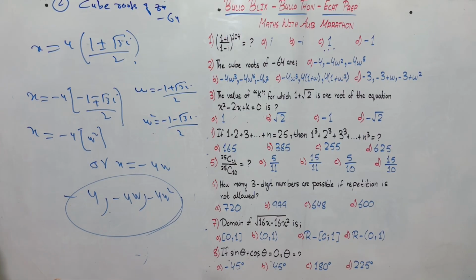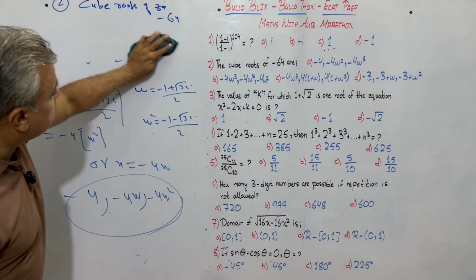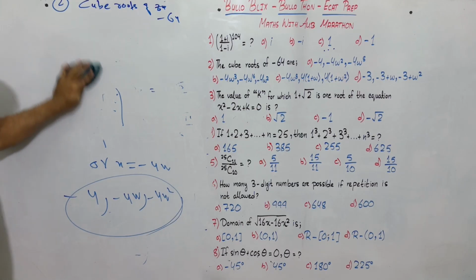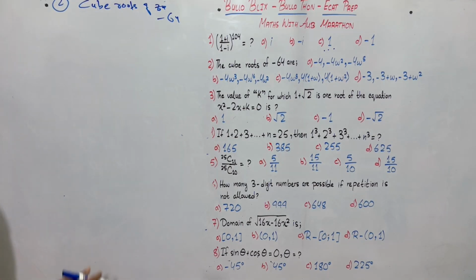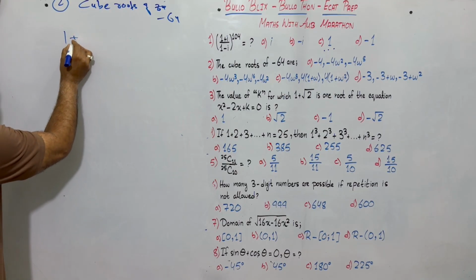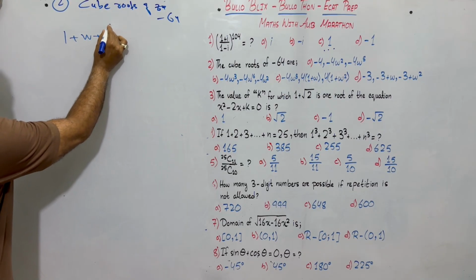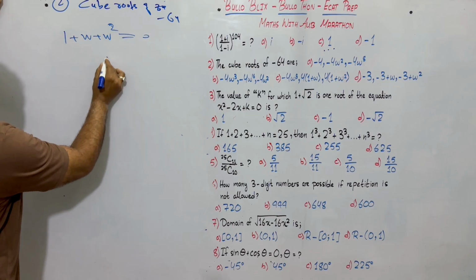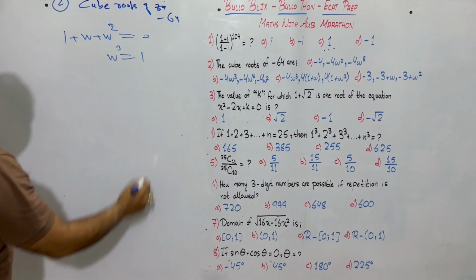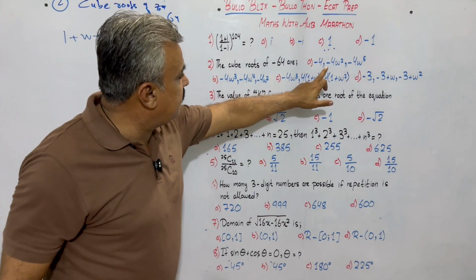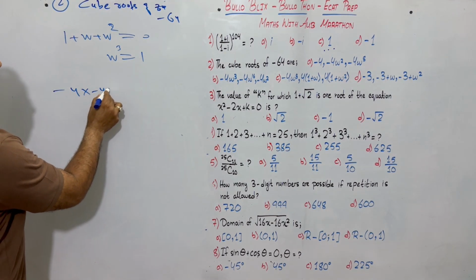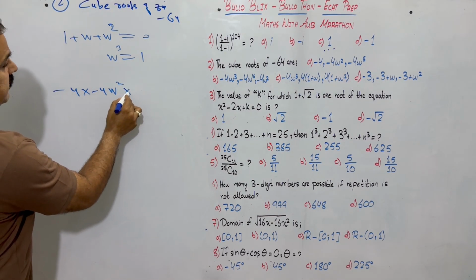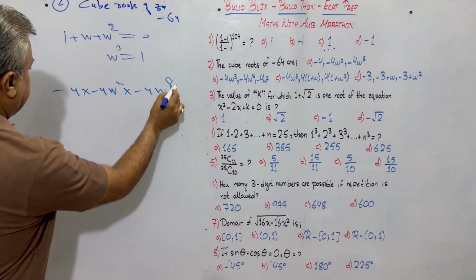We have the concept to attempt this as an MCQ. For an MCQ, it's really good to check the options, keeping in mind that the sum of the cube roots of unity is equal to 0 and their product is equal to 1. Taking the first option, that is minus 4 times minus 4 omega squared times minus 4 omega to the power 8.